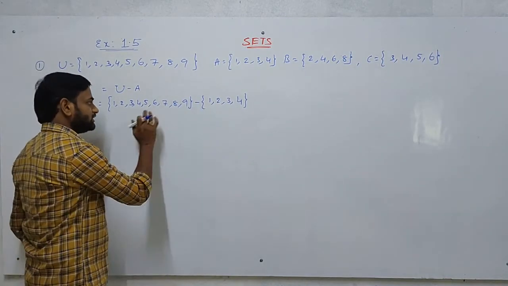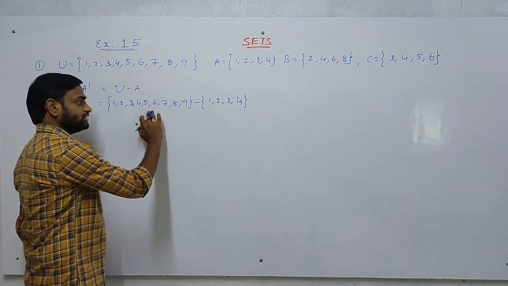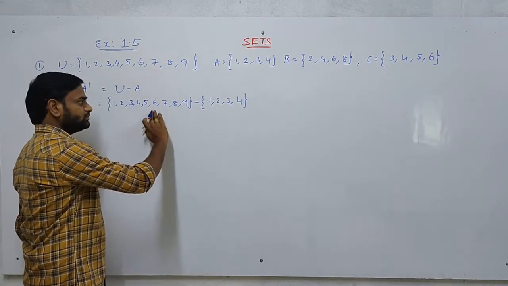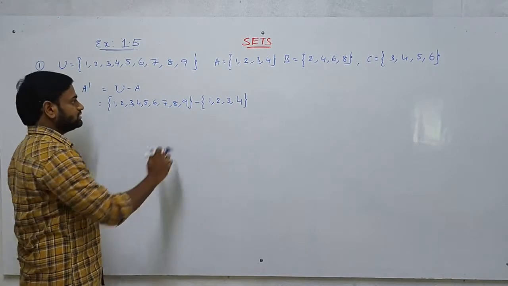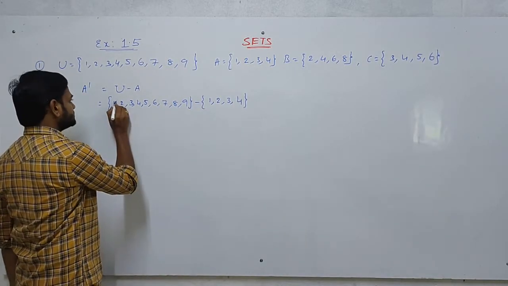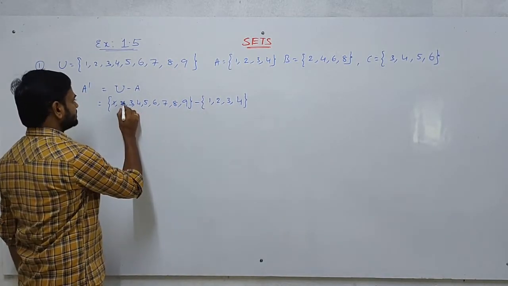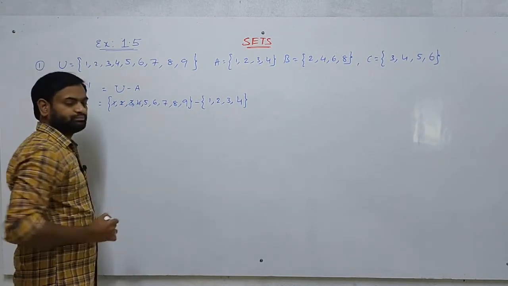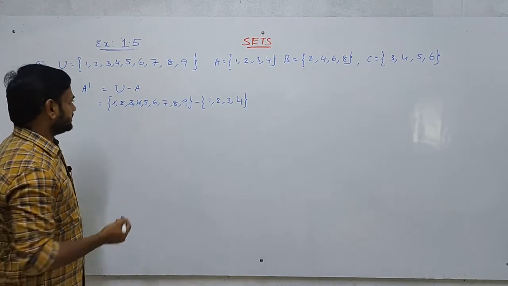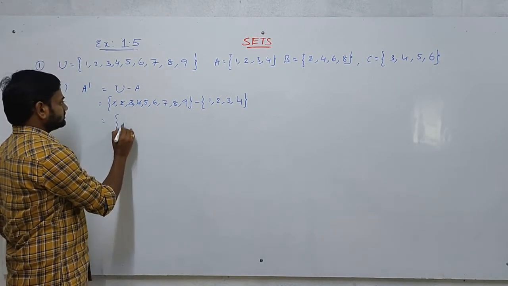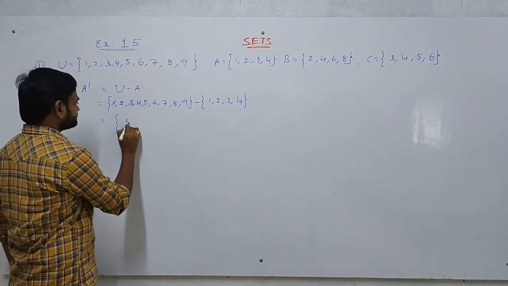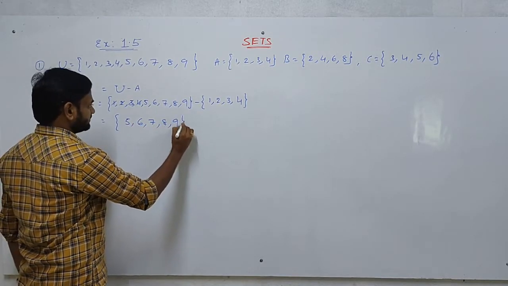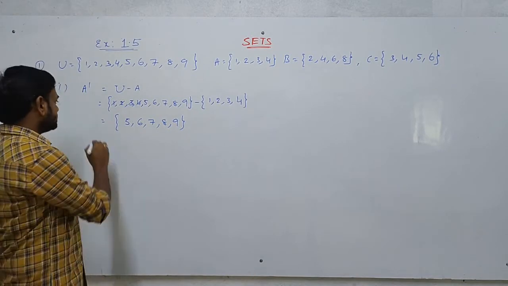I want to eliminate these elements from this one. So 1 is there, cancel this one. Next 2, next 3 cancel, next 4 cancel. Now what is remaining? 5, 6, 7, 8, 9. That is A dash.